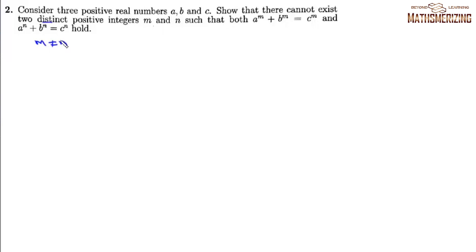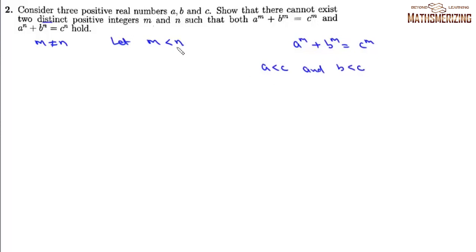Now without loss of generality, we can assume that m is less than n. Now we are given that a to the power m plus b to the power m is equal to c to the power m. And since a, b, c are positive real numbers and m is also a positive integer, that means a is less than c and b is also less than c.